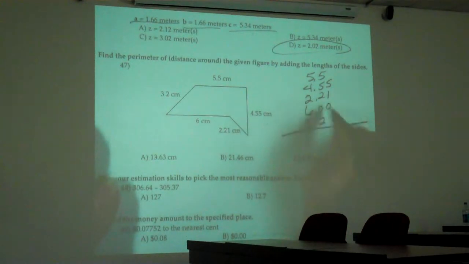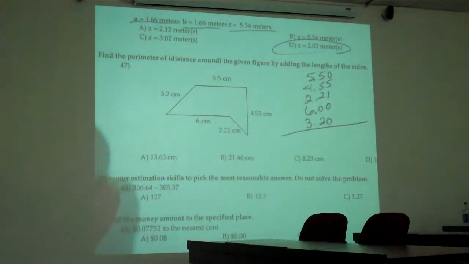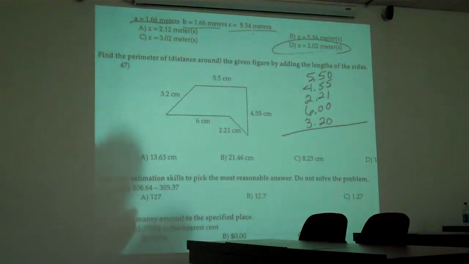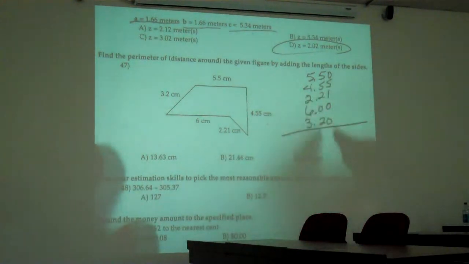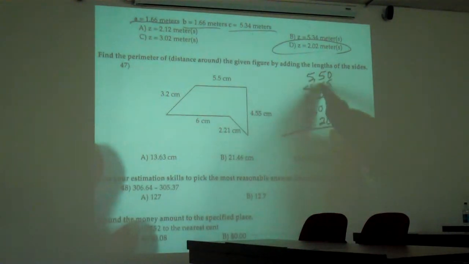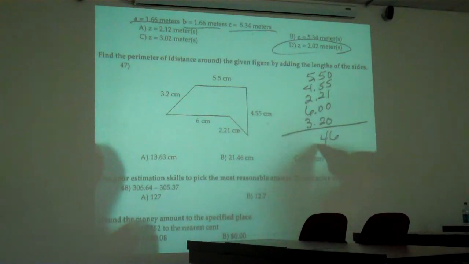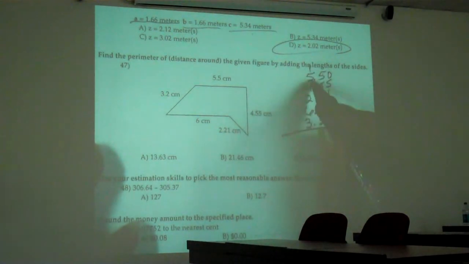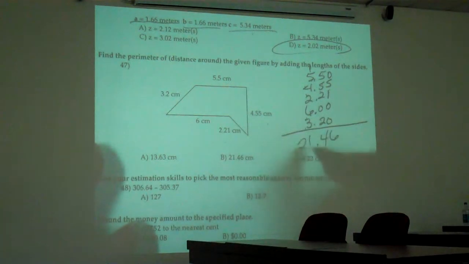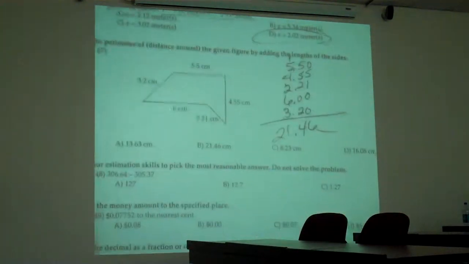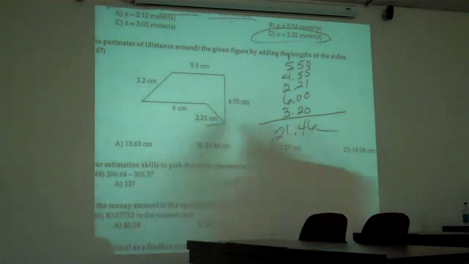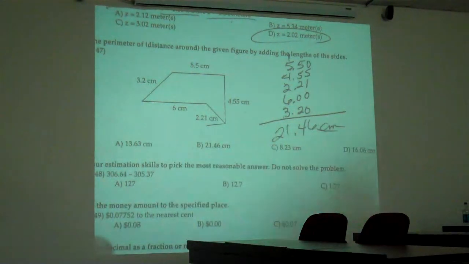Make them all the same length so you can add them easier. 5 and 1 is 6. 10, 11, 12, 13, 14. 10, 21. And what's the units here? Centimeters. 21.46 centimeters.